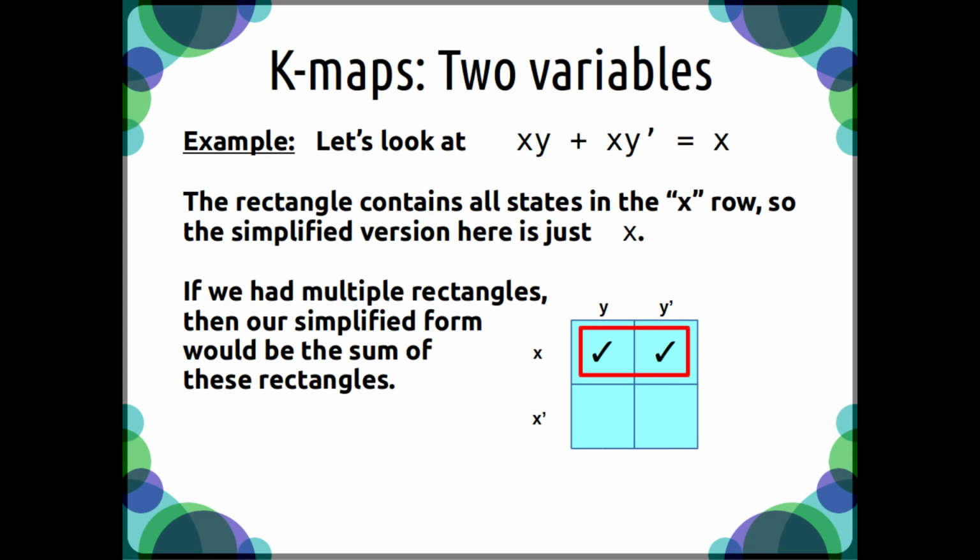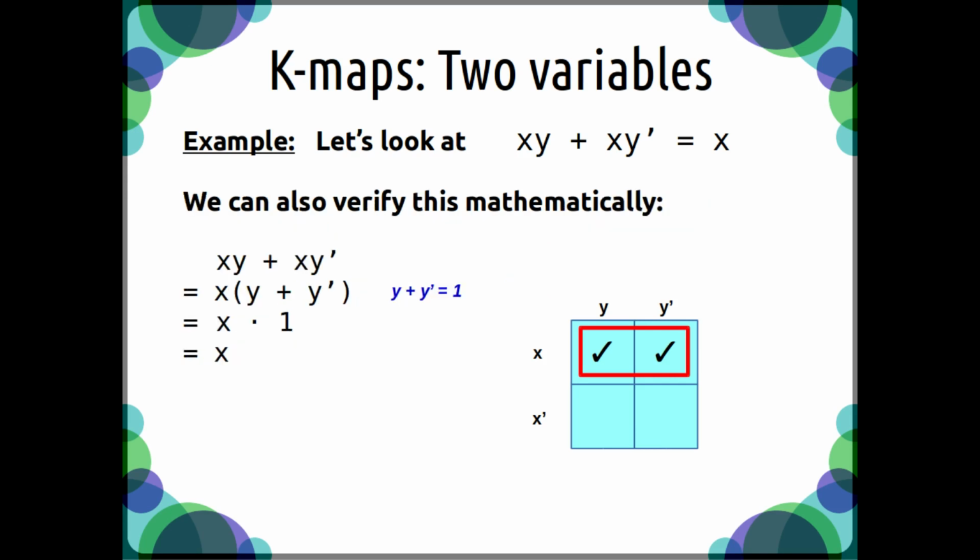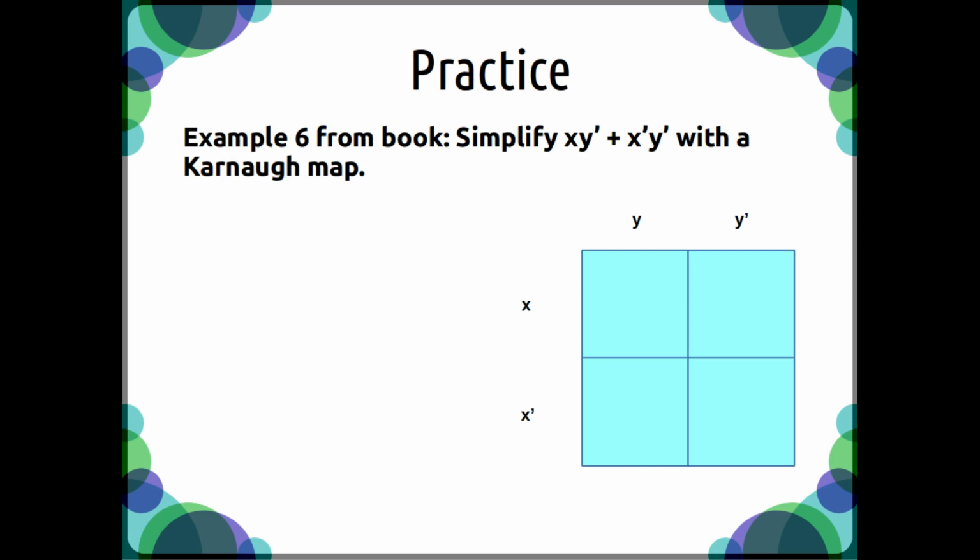If we had multiple rectangles, then our simplified form would be the sum of these rectangles. We can also go back and verify this mathematically just by working it out. So here, try to simplify x and not y, or not x and not y. Do it with a Karnaugh map, and then build up the simplified expression.